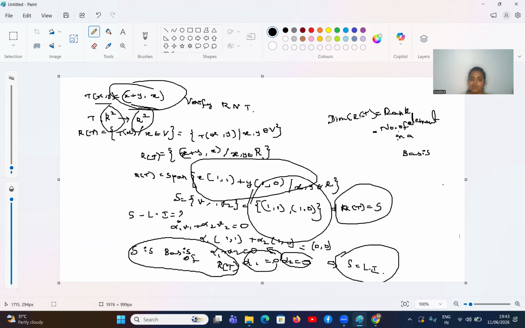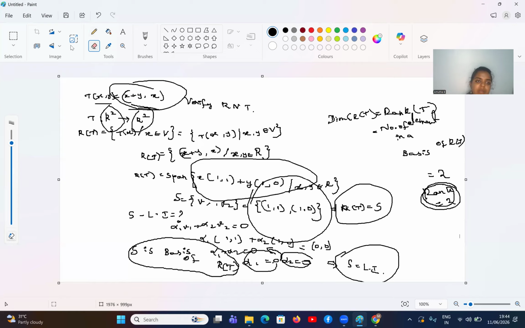These three definitions you can write for the dimension of R of T. It is also known as the rank of T, and also known as the number of elements in a basis of R of T. Anyway, the number of elements in a basis is 2. So rank equals 2. Till now we have found the rank. Keep it in your mind. Rank is 2. We are going to verify the theorem.